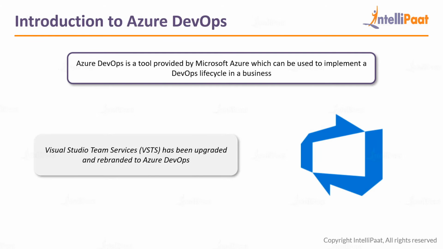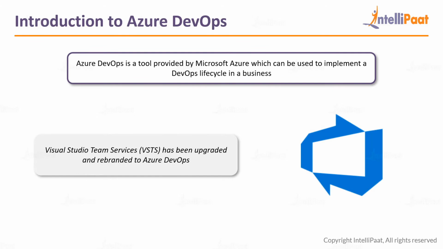As you all know, DevOps is basically a methodology which can be used to implement continuous development or continuous deployment. So you can do a CI/CD using DevOps. So Azure is a cloud platform. Now Azure has come up with a DevOps tool which has multiple services within it that is called Azure DevOps. So that can be used to create a complete DevOps lifecycle.